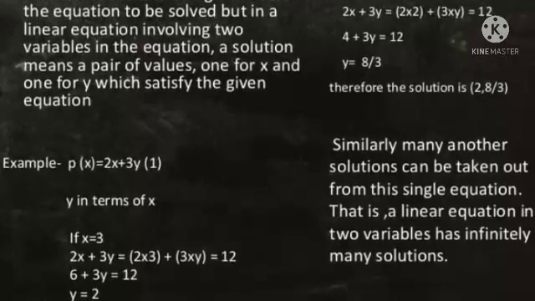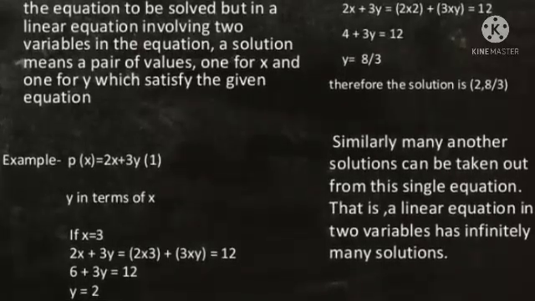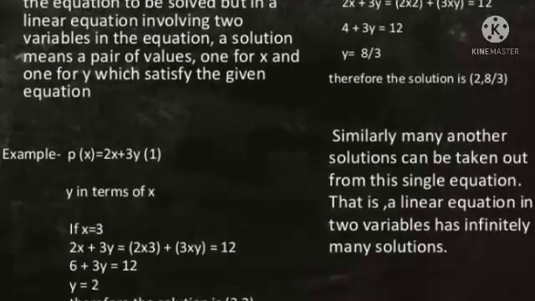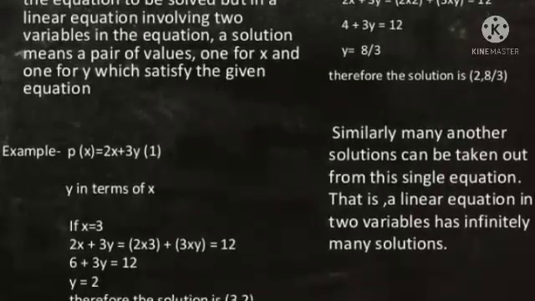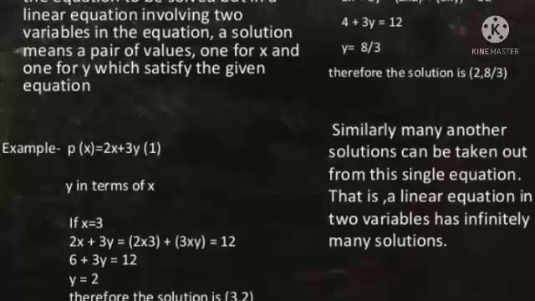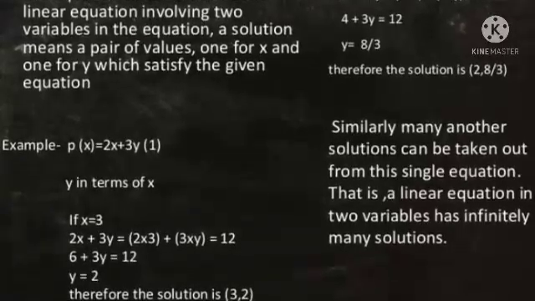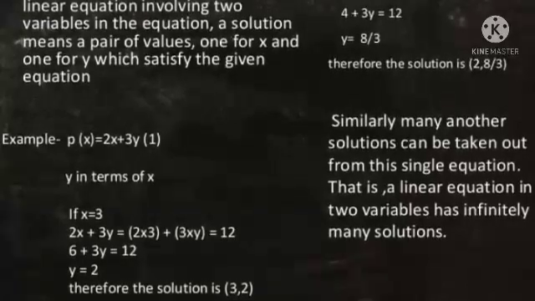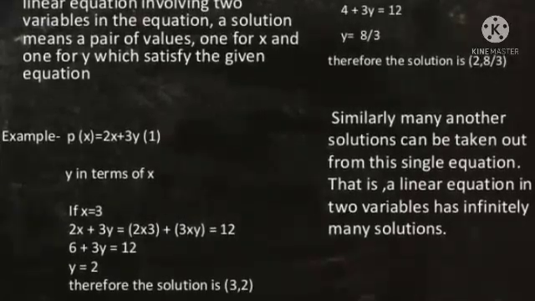So 4 + 3y = 12. Y is equal to 8 by 3. Therefore, the solution is (2, 8/3). Similarly, many other solutions can be taken out from this single equation. That is, a linear equation in two variables has infinitely many solutions.